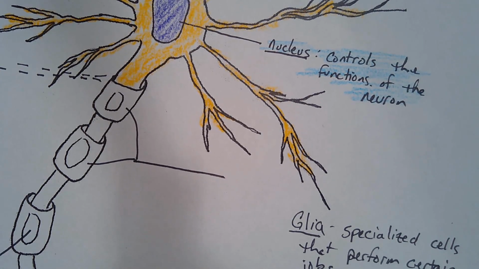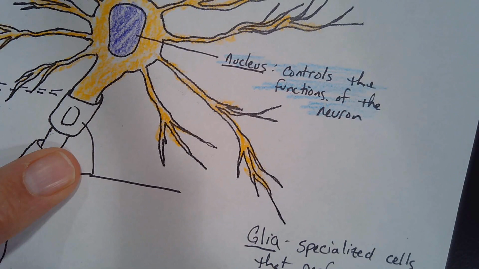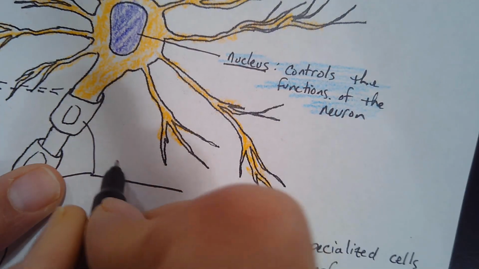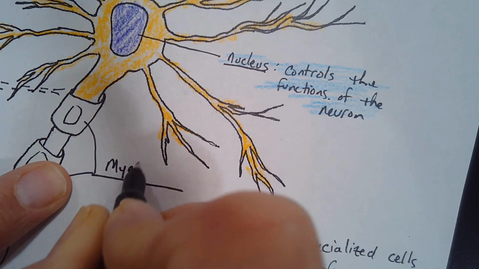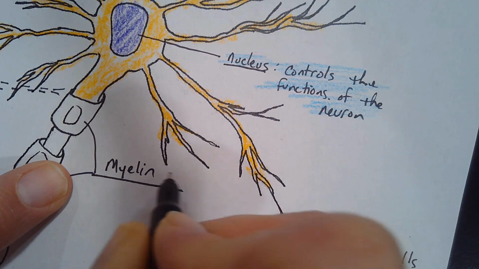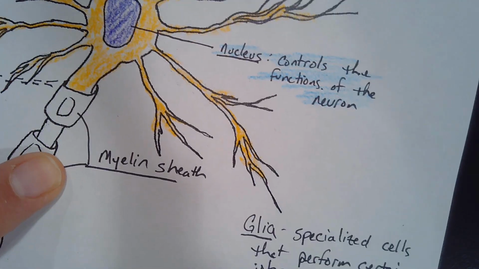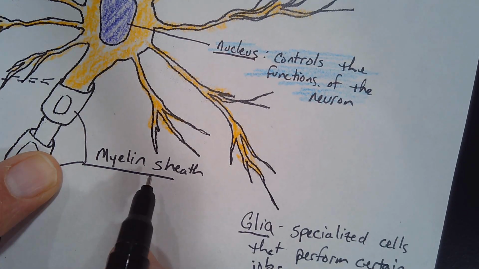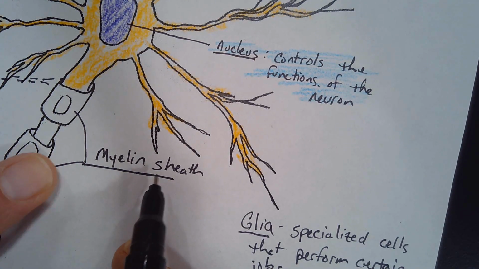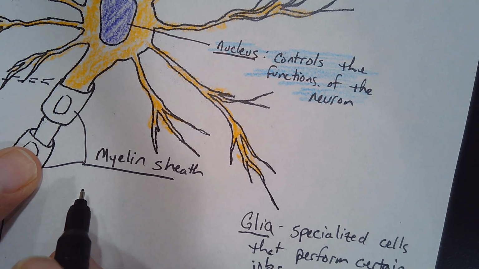Okay. So I'll go through both of them. The first one here is a glia called the myelin sheath. I heard somebody say sheath. Good job. Was that you? All right, good. That's kind of a fatty substance, but it is a super important substance.